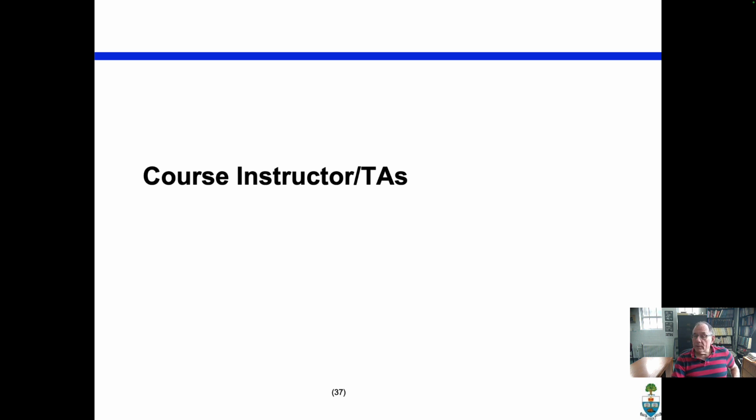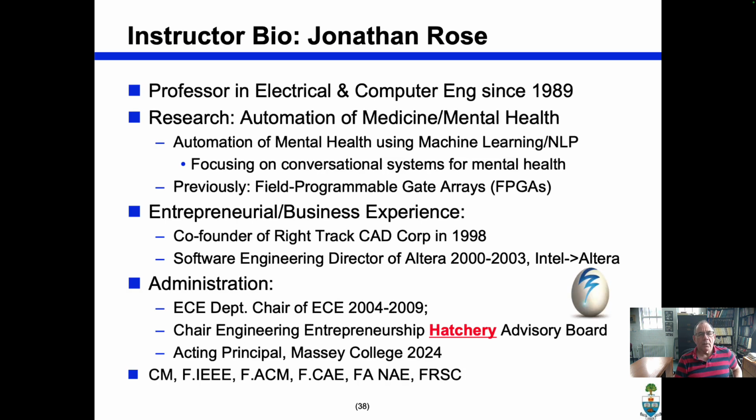Let me tell you a little bit about myself and the teaching assistants so far in the course. My name, I told you, was Jonathan Rose. I've been a professor in this department of electrical and computer engineering since 1989. My research, most broadly spoken of, is the automation of medicine and mental health.